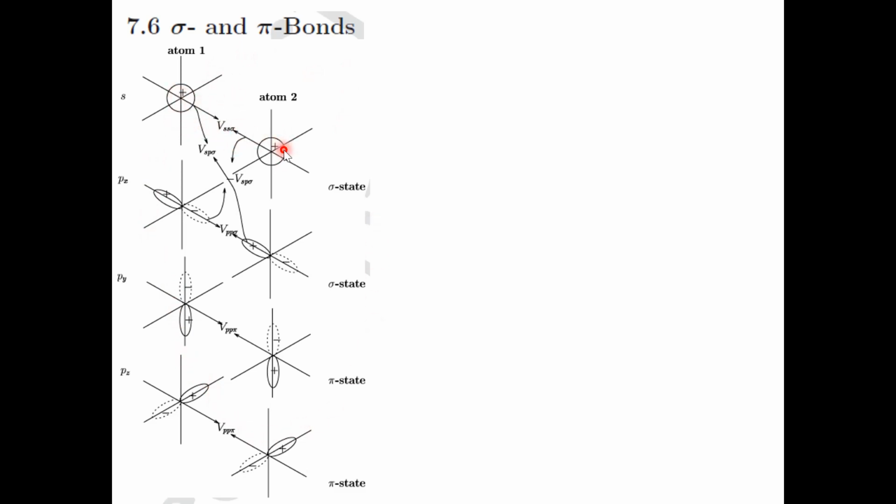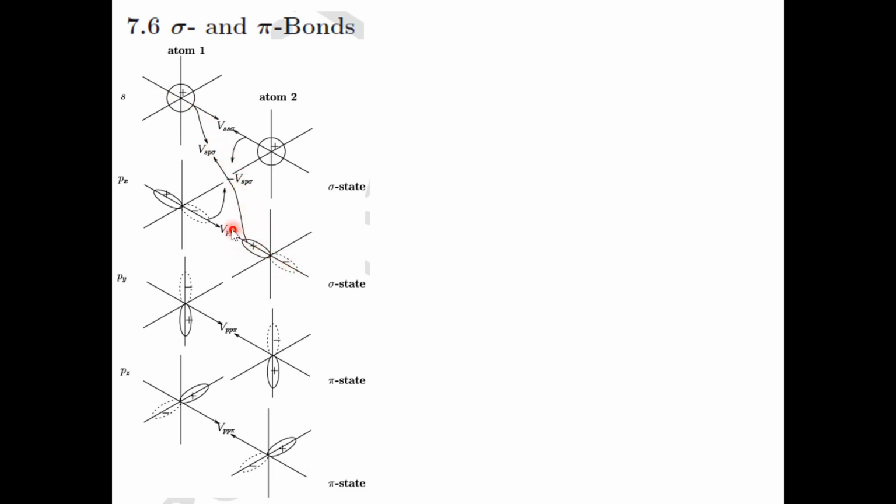For instance, when you have two neighboring atoms and one s orbital in each of them, this makes what we call the sigma s bond. You can also make a sigma bond when you have one s orbital and one p orbital oriented in the same direction along the bond, right? And this is a sigma sp bond.